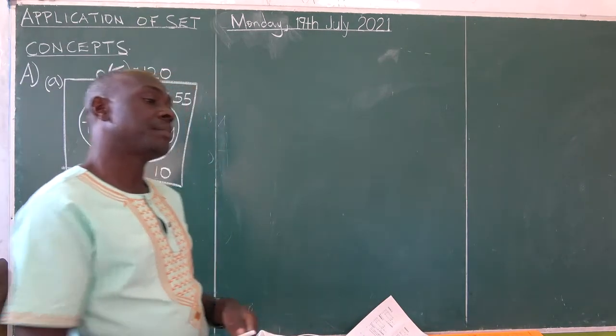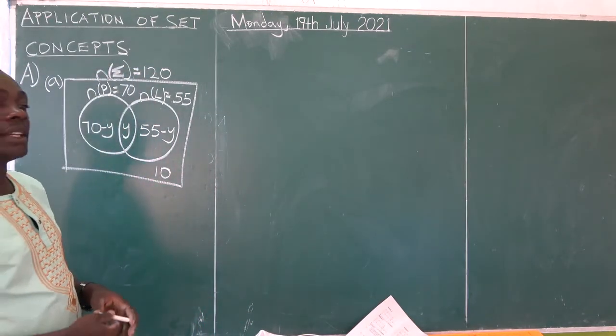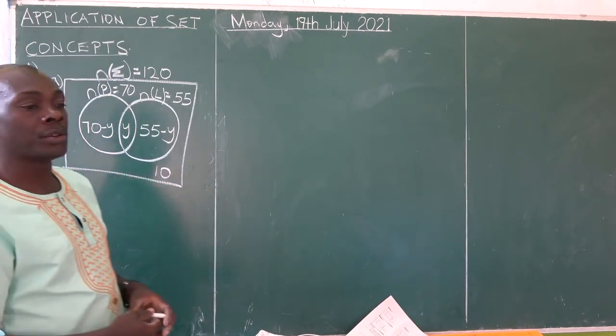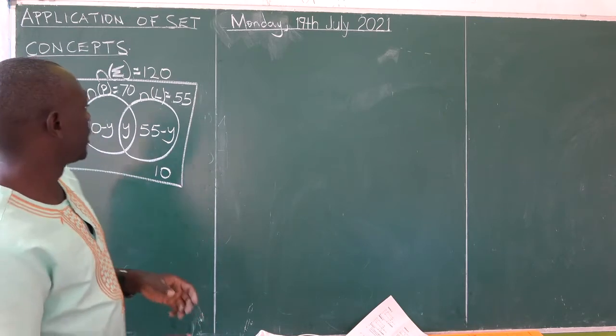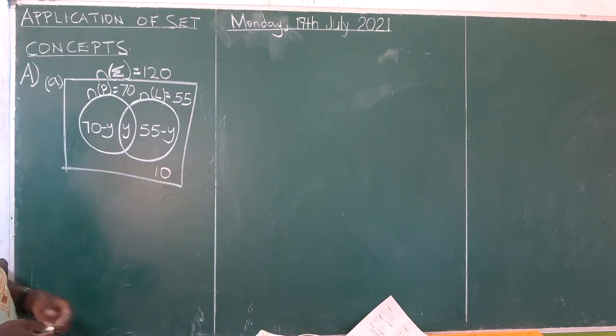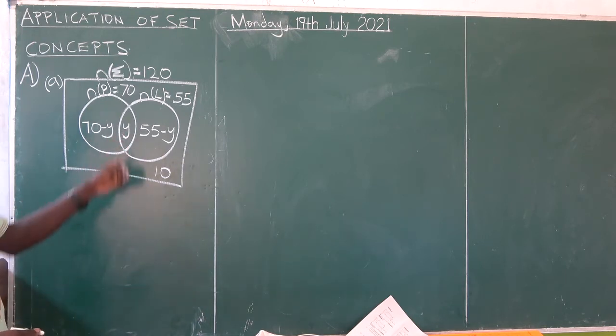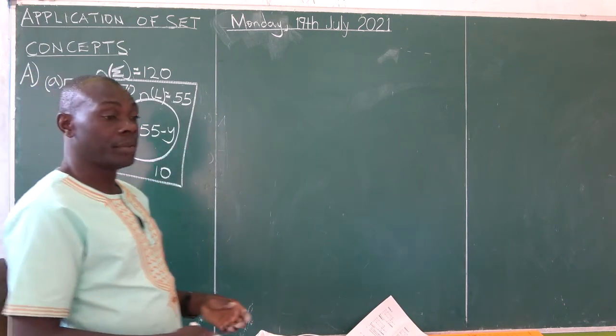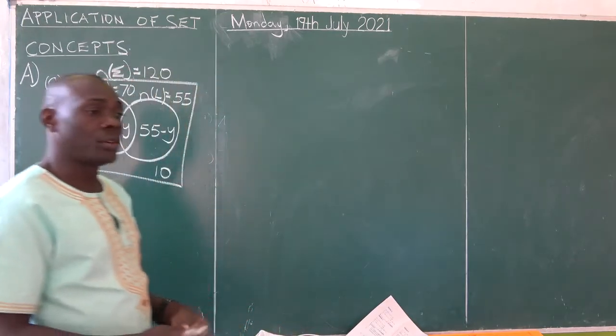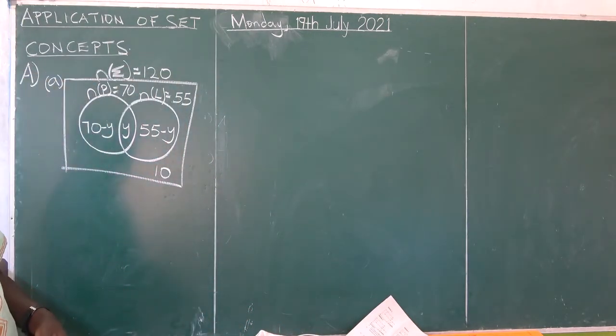Then, in part B, they are saying find the number of rich men who have both Prado and Lexus. You will find out that both is represented by this letter Y. You are free to use any letter, apart from those that are shaped like figures or numerals. Like O is like 0.